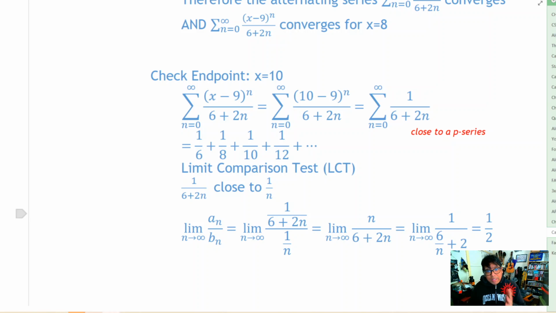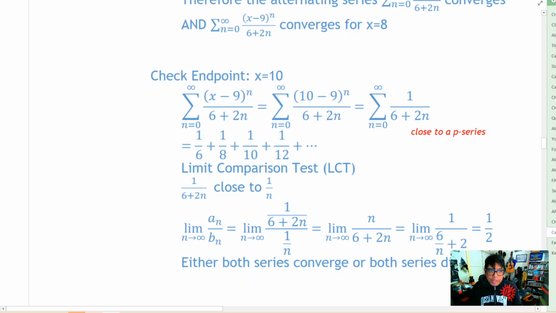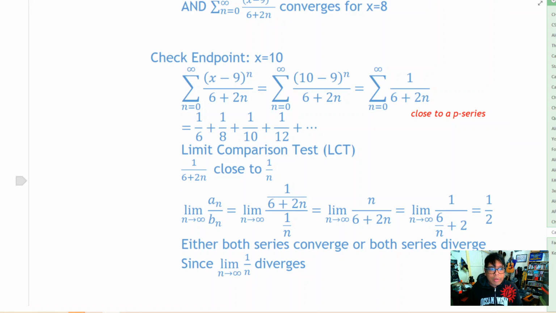And what this tells us is if we get just any old number on the limit comparison test, that means either both series converge or both series diverge. But we know something about the series 1 over n. We know that the series of 1 over n diverges.